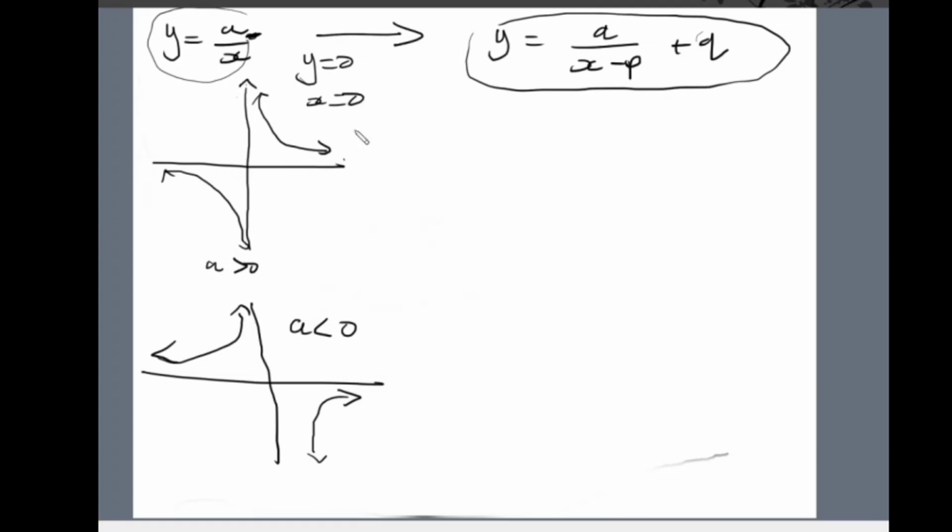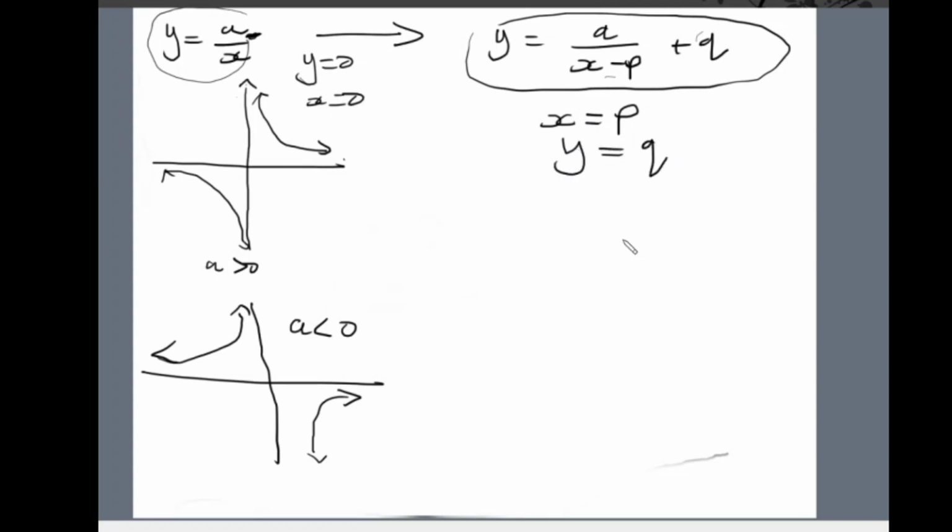So in this form, your vertical asymptote will be x equals p, since x cannot be p, and y cannot be q, so your horizontal asymptote will be y equals q, right?